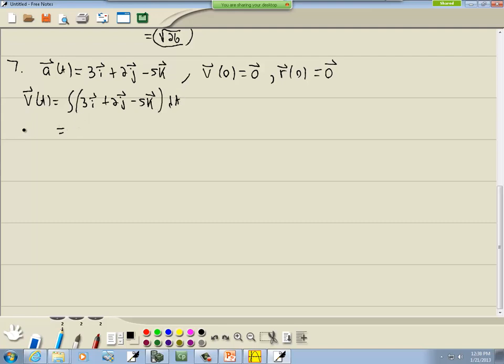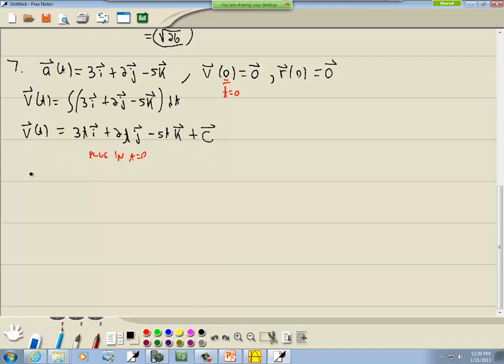Well, that gives us 3ti plus 2tj minus 5tk plus our constant vector. Now, this right here means t is equal to 0. So plug in t is equal to 0. Because we need to find out what the constant vector is.